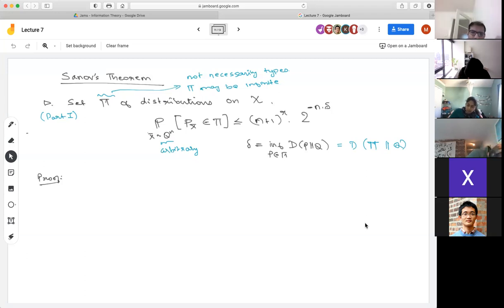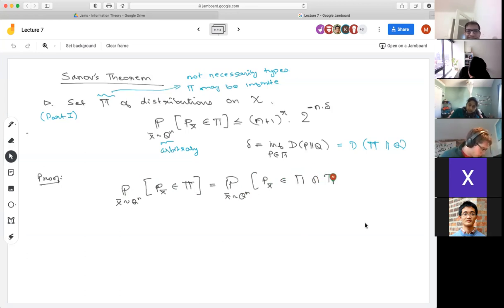The proof is basically what we just said. If you are sampling X, a sequence of length n, then the probability that the type is in pi is equal to the probability that the type is in pi intersection t sub n, because it has to be a valid type.